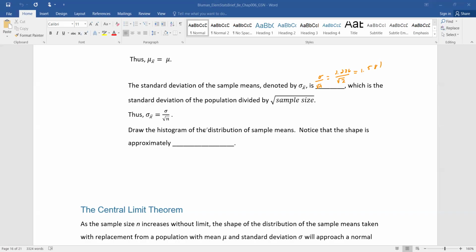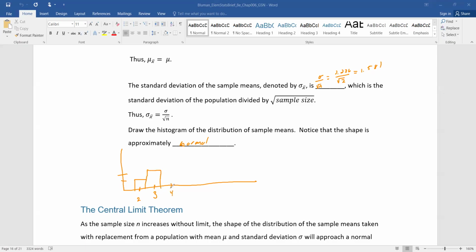And we can draw the histogram of the distribution of sample means, and notice that the shape is approximately normal. Let me sketch that real quick. For 2, we got 1. For 3, we got 2.